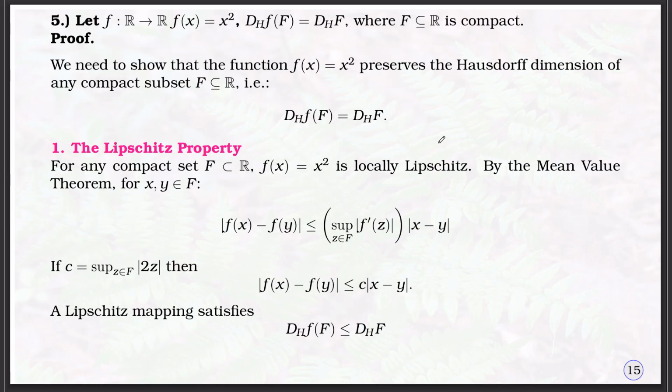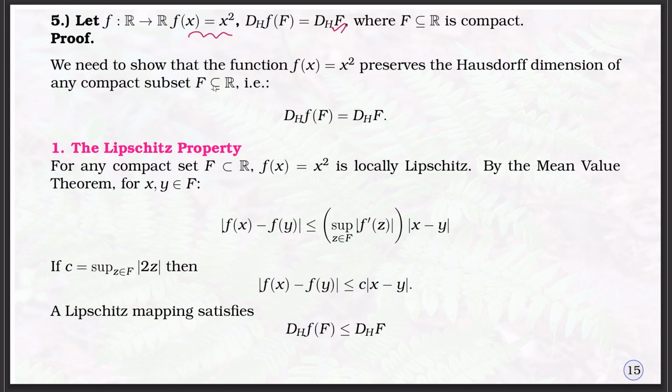Consider the function f from R to R defined as f of x equal to x power 2. Then the Hausdorff dimension of f of E equal to Hausdorff dimension of E, where E is a compact subset in R. We know that f of x in R is not uniformly continuous, that means not Lipschitz throughout the region R, whereas it is locally Lipschitz whenever you are taking compact sets.